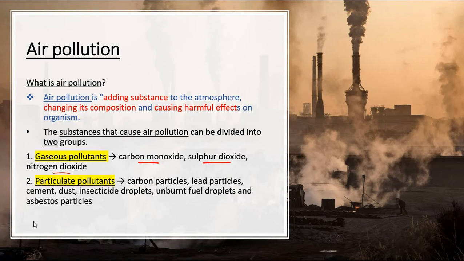Particulate pollutants are basically everything that is not gases, like carbon particles, lead particles. These are not gases but particles, pieces: cement, dust, insecticide droplets, unburnt fuel droplets, and asbestos particles. These are very harmful, and they will also play a major role in air pollution.